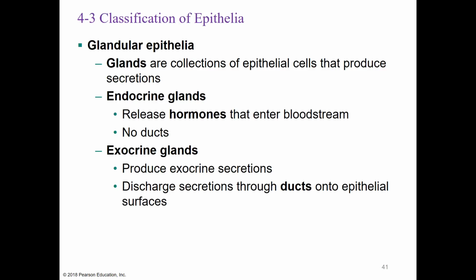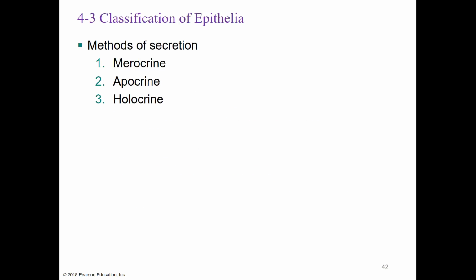Exocrine glands produce exocrine secretions through a duct. So that's what we're going to focus on now, because those are part of epithelia. So there are three methods of secretion: merocrine, apocrine, and holocrine.